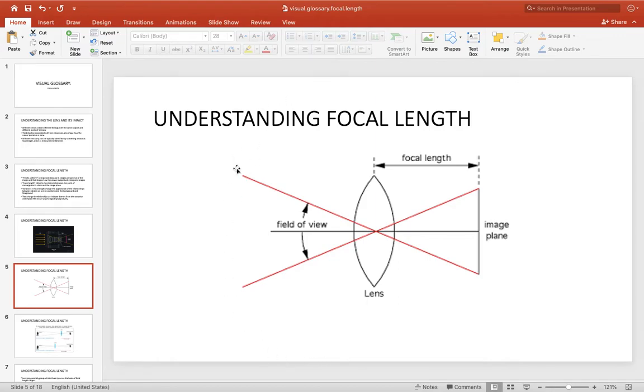So in other words, when you have a lens that has a really long focal length, that's sometimes called a long lens, a telephoto lens. That lens has a narrower field of view than a medium lens or a wide angle lens. Again, don't worry if this is confusing. I'm going to show you actual stills and video clips from films to very clearly give examples of this.